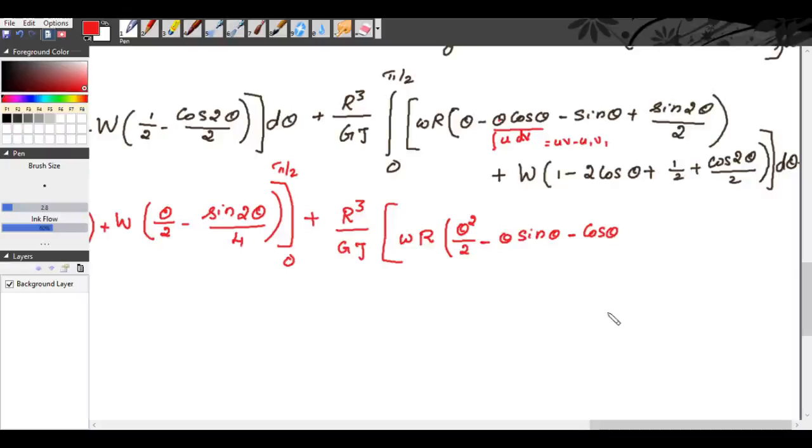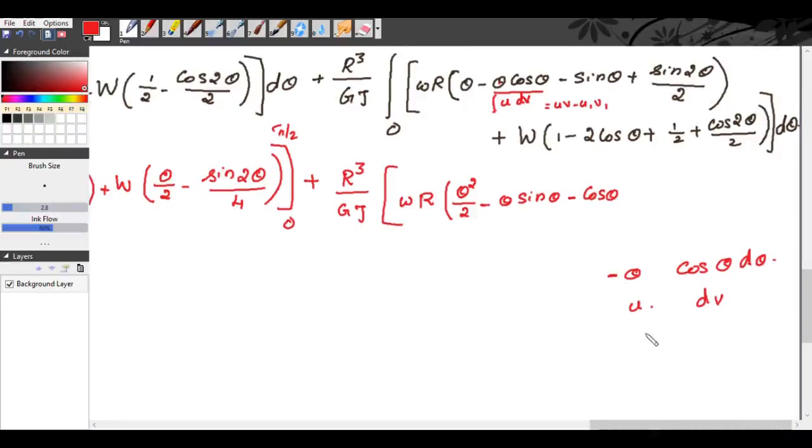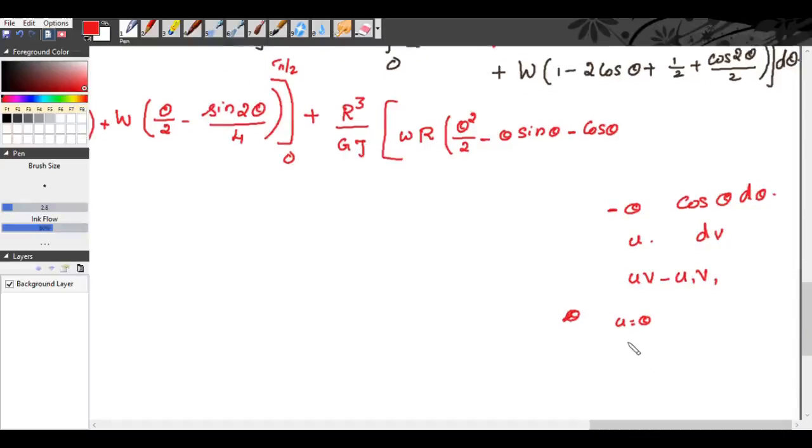So how can we write that? Minus theta into cos theta. So u into dv, cos theta into d theta, right? So uv minus u1 v1. U is theta. Differentiating, we get u1 is equal to 1.